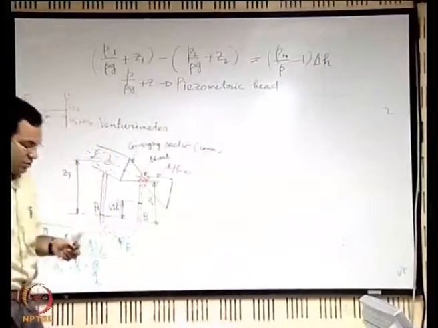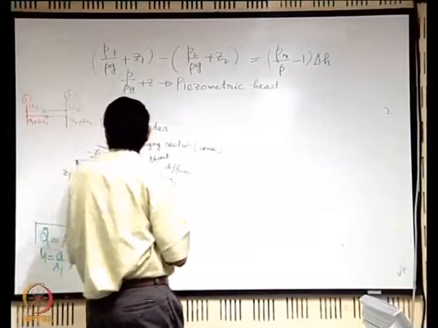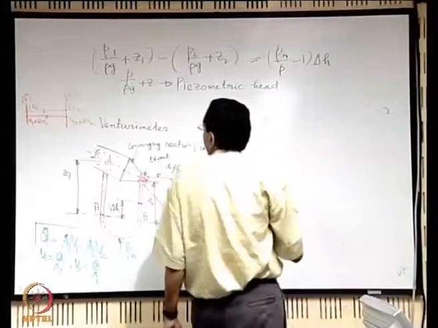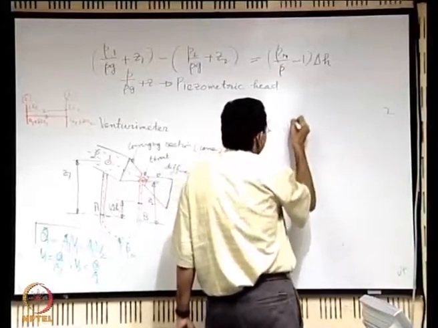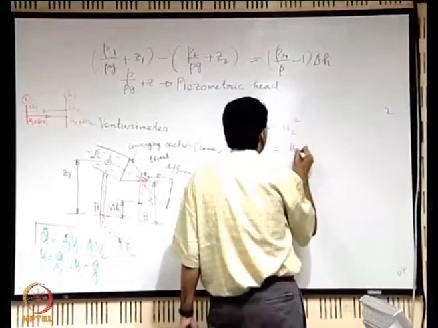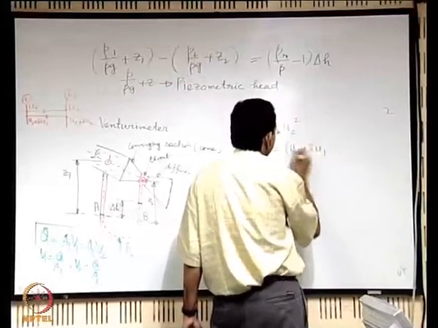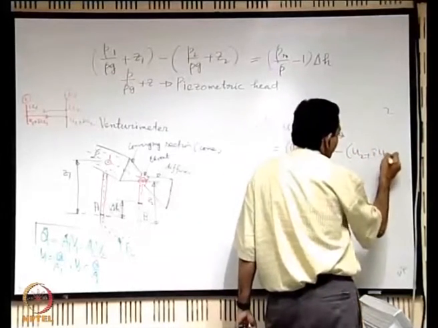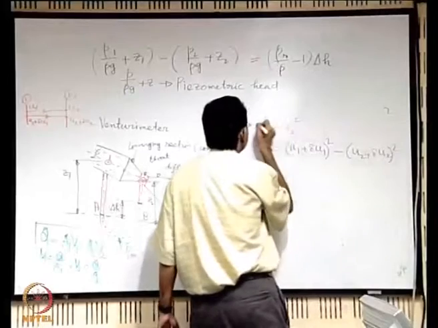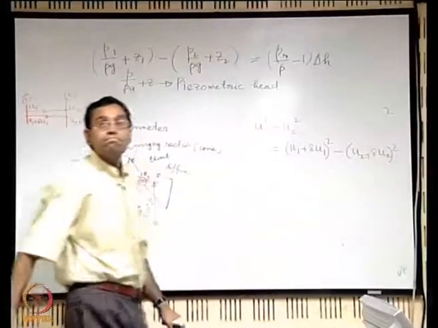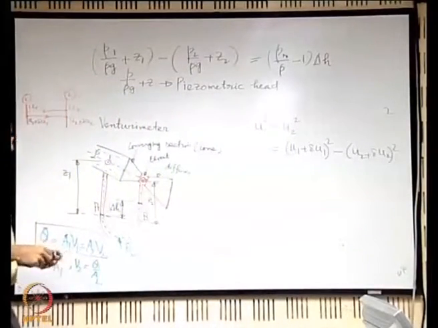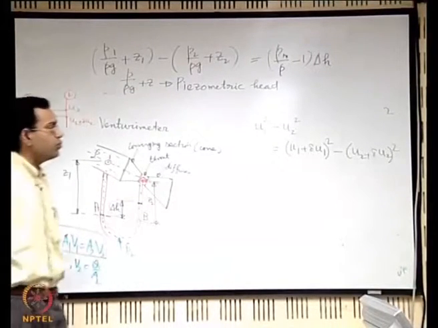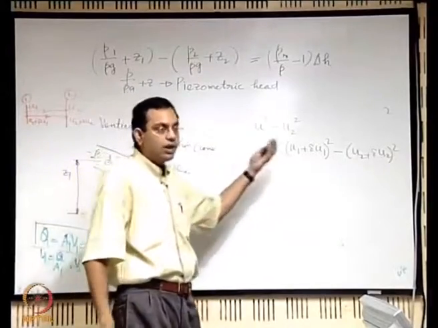So, what we intend to write is u1 square minus u2 square is equal to u1 plus delta u1 square minus u2 plus delta u2 square. Let us try to simplify it, keeping in mind that delta u1 and delta u2 are much smaller as compared to u1 and u2 respectively.